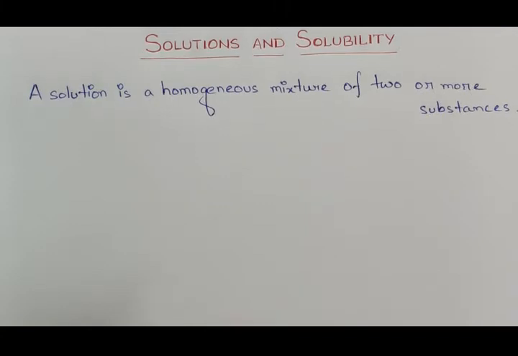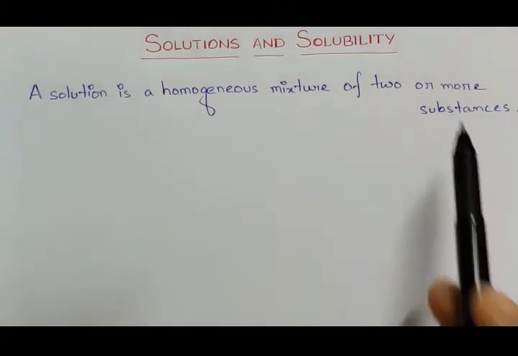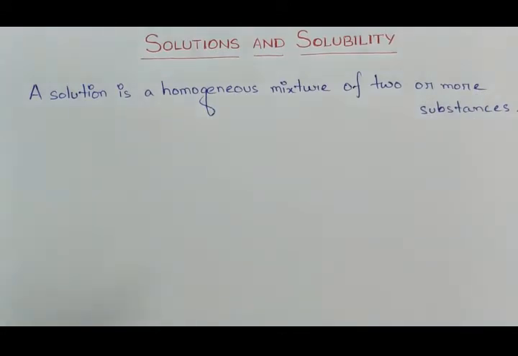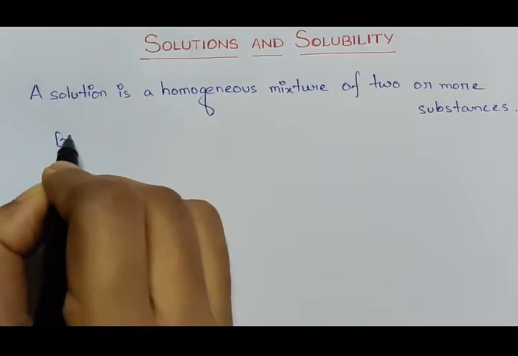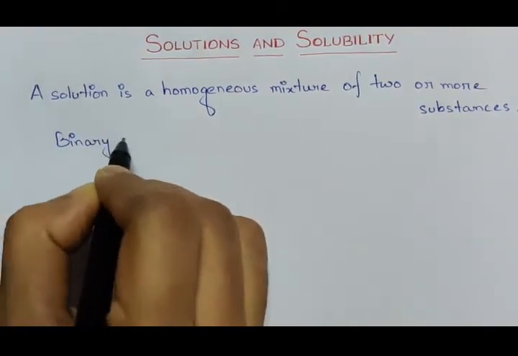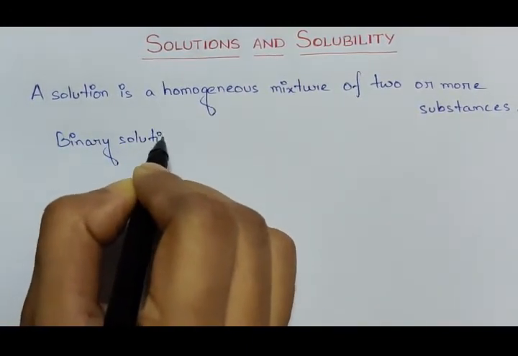Okay, now here it is mentioned that a solution is a homogeneous mixture of two or more substances. So when a solution is made up of only two components, in that case it is called a binary solution.